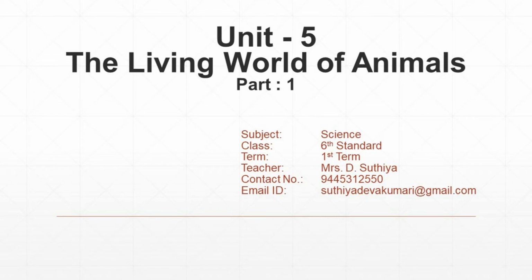Now we are going to pass on to the next unit, unit 5. Already you learned about the living world of plants. In this lesson we are going to learn about the living world of animals. When you look around, you can see different types of animals.